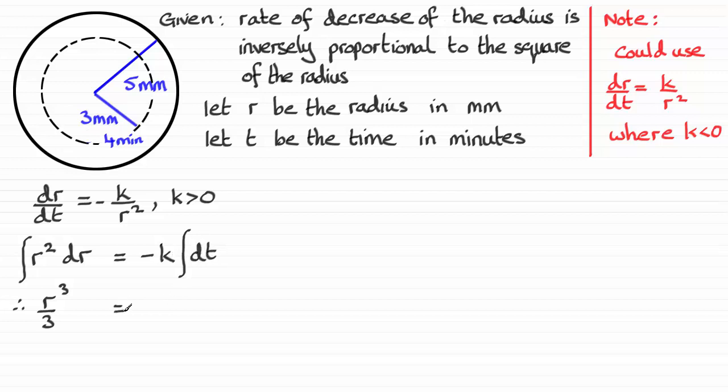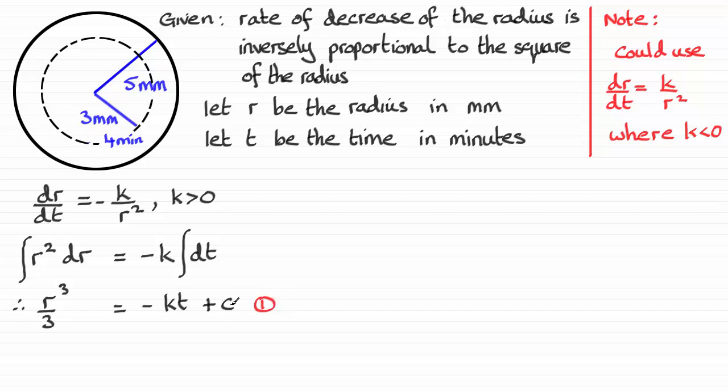So we get that is equal to minus kt. And I've got to add a constant. Now, it doesn't matter which side I add the constant to. I'm going to just add it on the right hand side, call it plus c. And I'm going to call that equation 1. We're going to come back to that equation in a few moments.